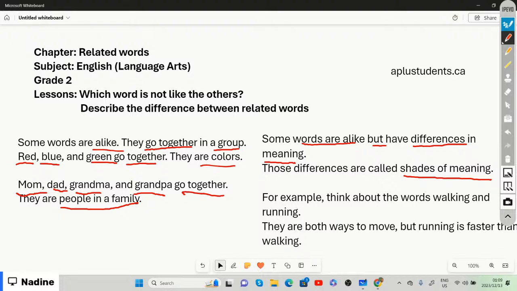Of course, we are moving forward, but we are either running, which is a bit faster, or we are walking. So running is faster than walking. So the words running and walking are kind of alike, almost alike. However, there are a lot of differences there.